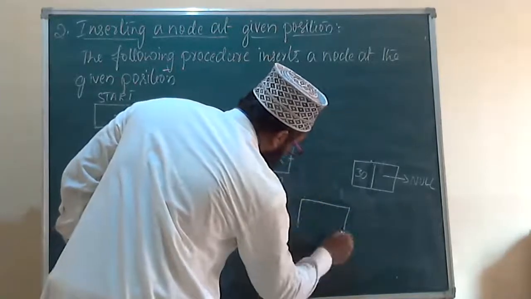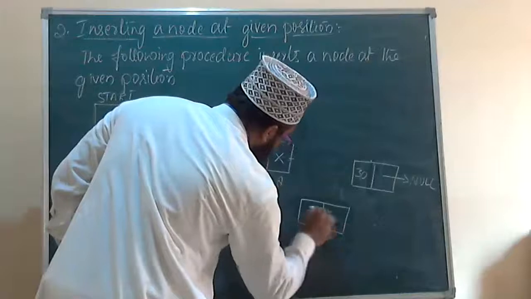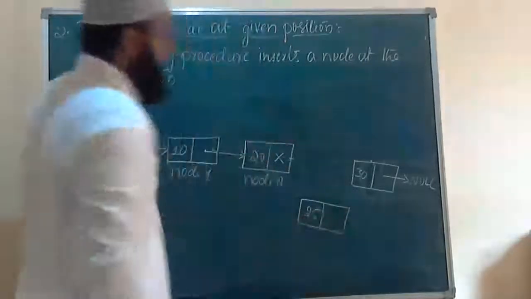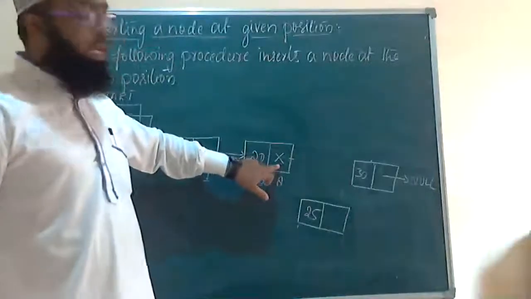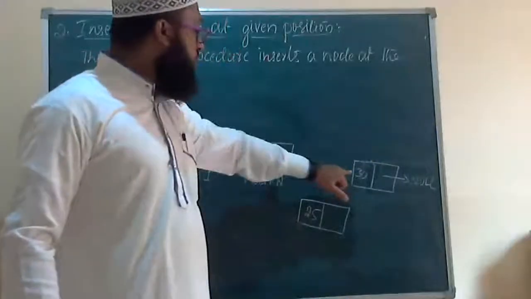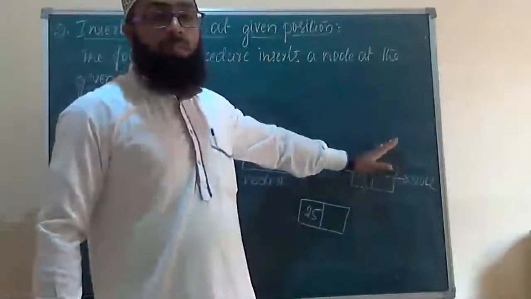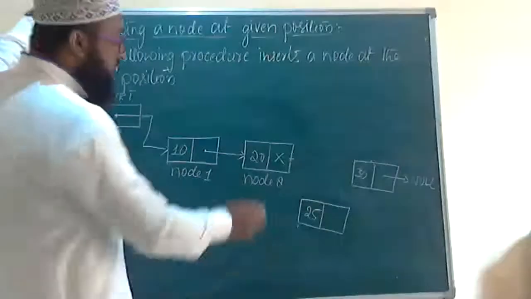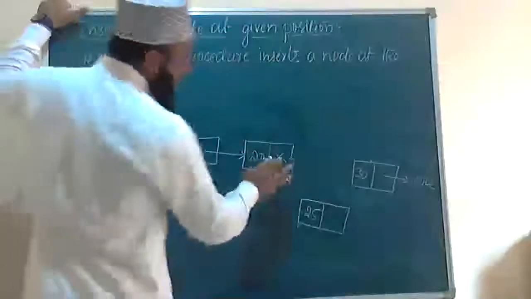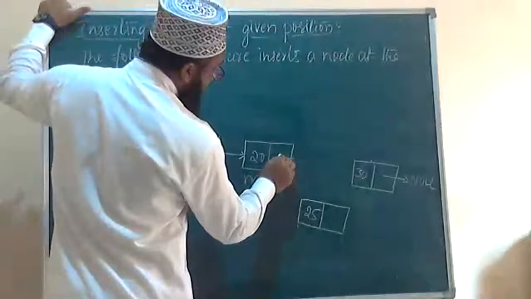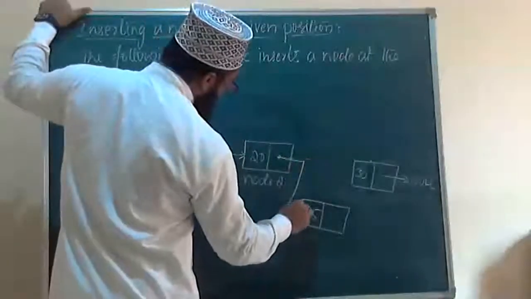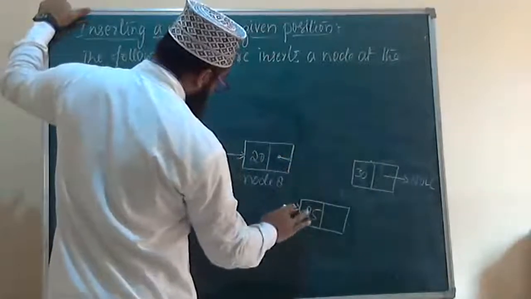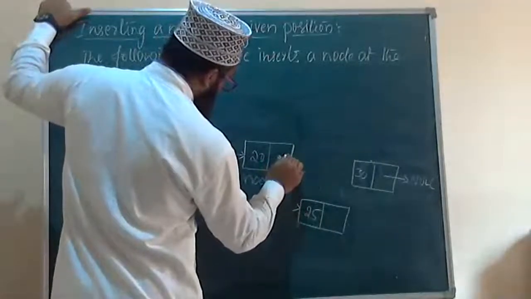Take this as 25. If we make this pointer null, then the node which was connected to this pointer will be broken off. Then after that, create a new node. Then to this link field, give the address of the new node.